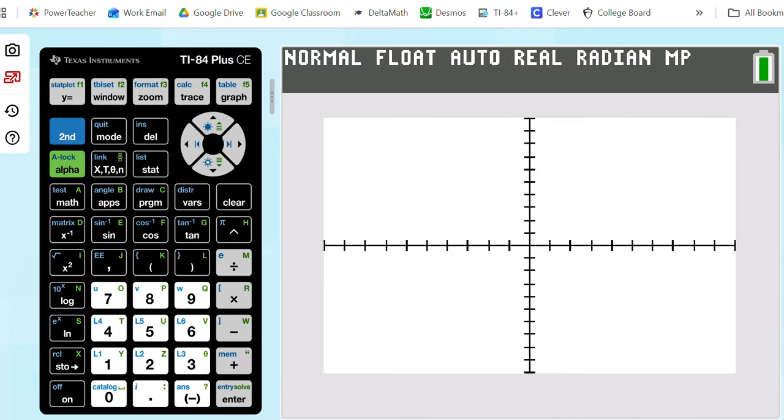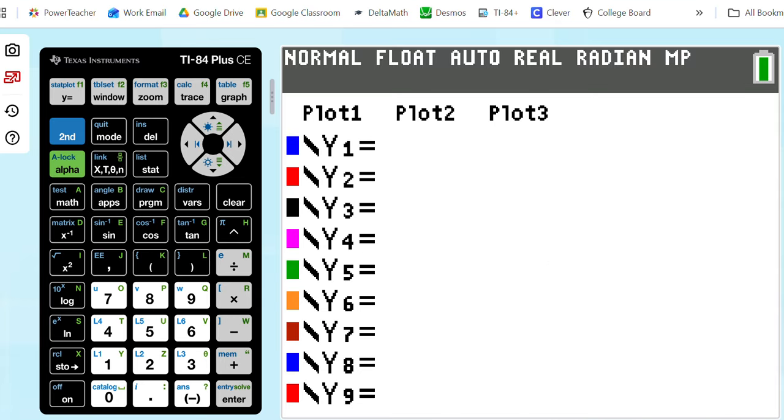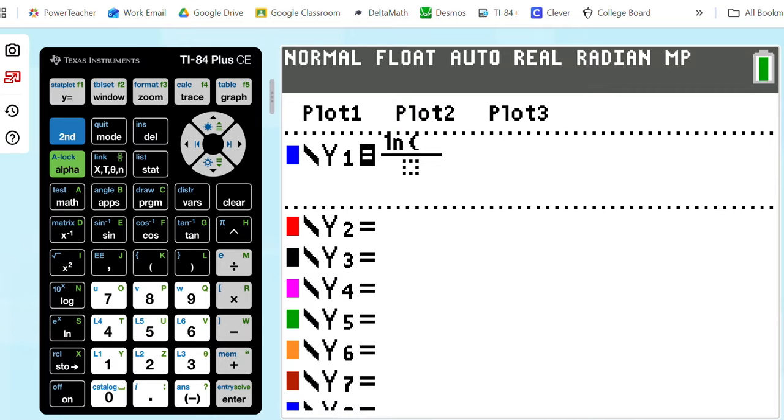We'll zoom back to our standard by hitting zoom 6. We had 1 over e times the natural log of y squared. So I'm just going to use the fraction button here and say it's natural log, and we have to use x, right?